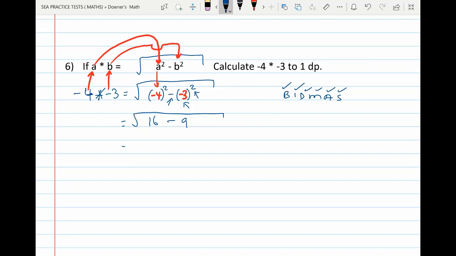So we are going to end up with the square root of 16 minus 9, which is the square root of 7. And when you get that, your calculator is going to give you the square root of 7 as 2.6, if you round it off to 1 decimal place. So it's 2.6 correct to 1 decimal place.